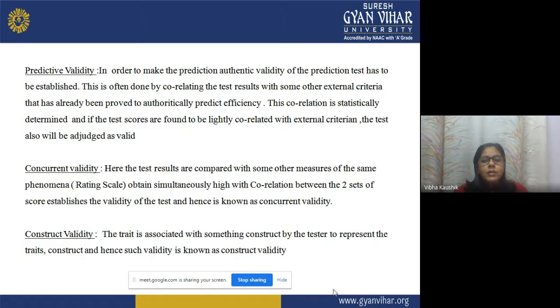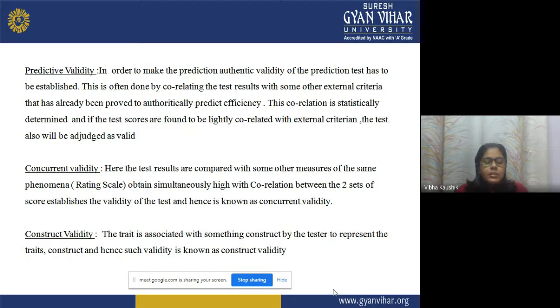This is often done by correlating the test results with some external criteria that have already been proven to authoritatively predict efficiency. That means we are able to establish the predictive validity by correlating the test results with some external criteria. This correlation is statistically determined, and if the test scores are found to be highly correlated with the external criteria, the test will be judged as valid.